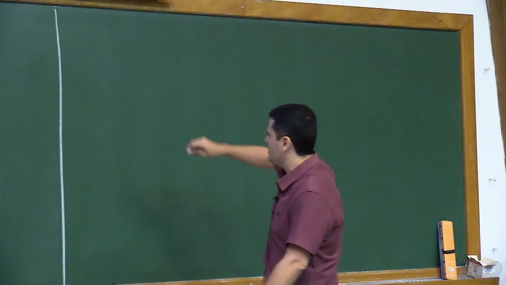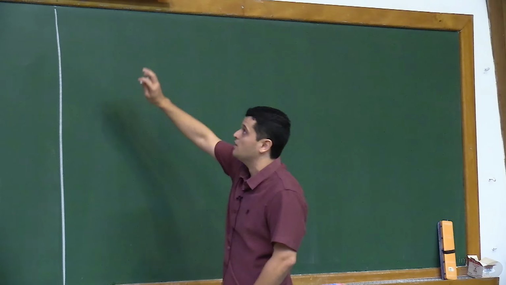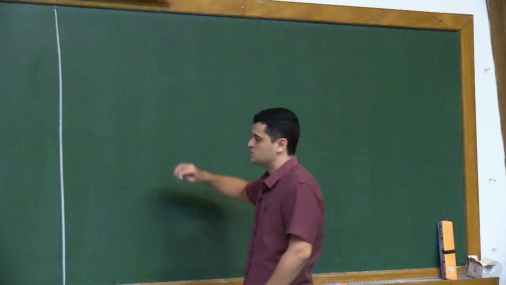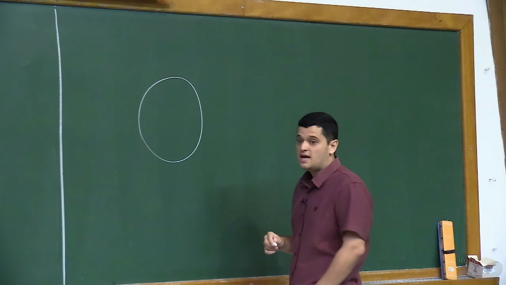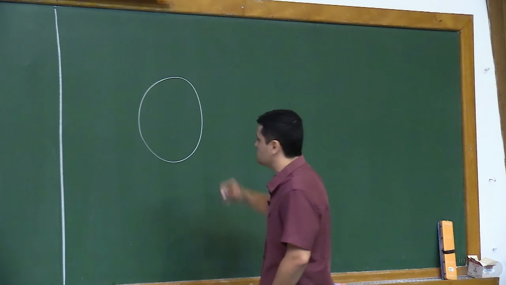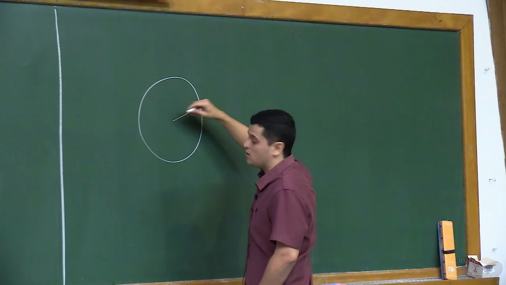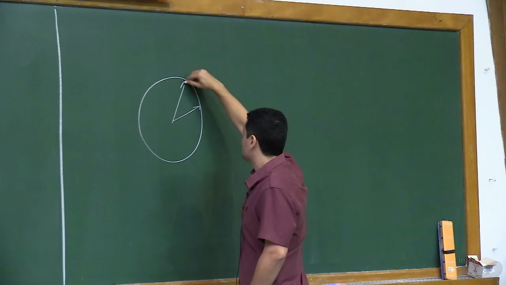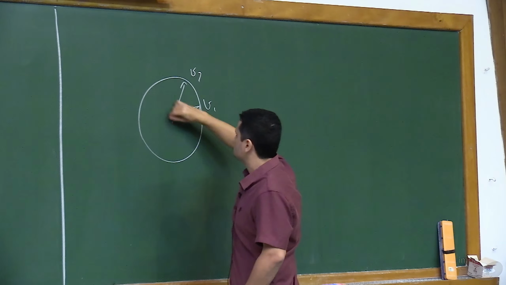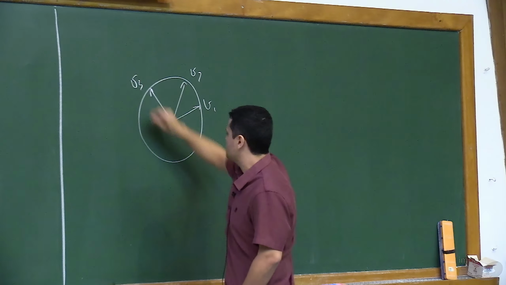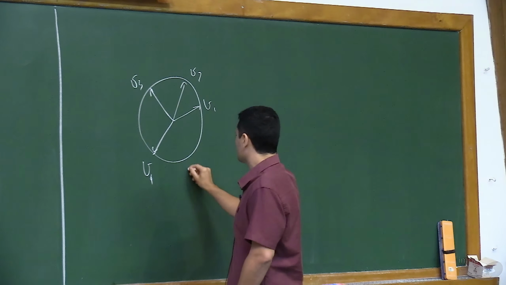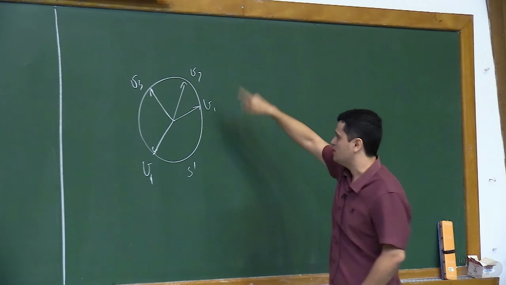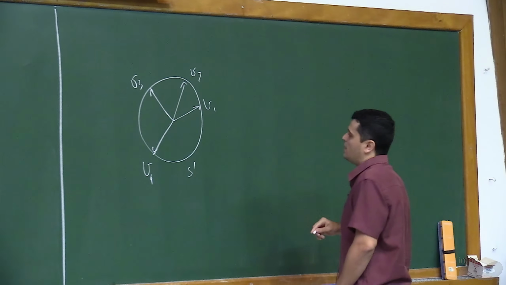For example, you can think of the following. I'm going to make a picture to illustrate. I have 2 sets of 4 vectors in R2. The first one, they're all unit vectors: V1, V2, V3, and V4. They appear in the unit circle in this order, in the counterclockwise direction.